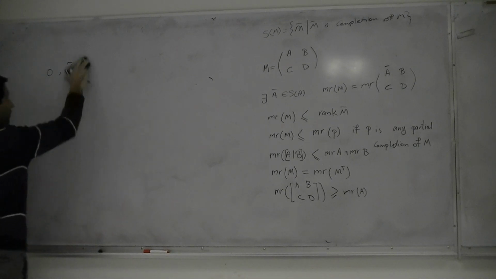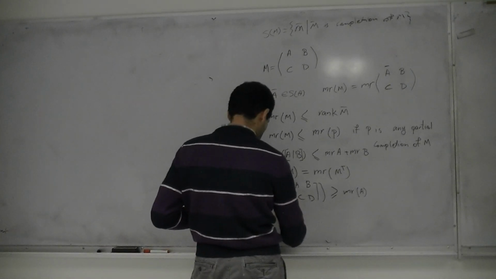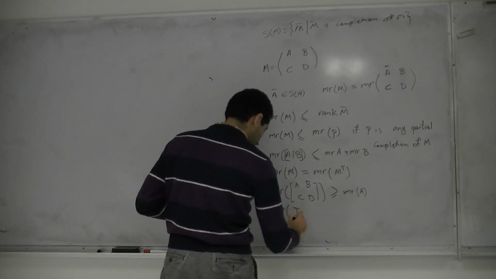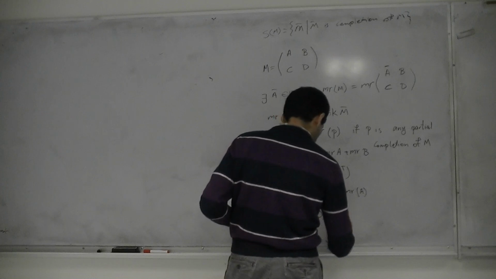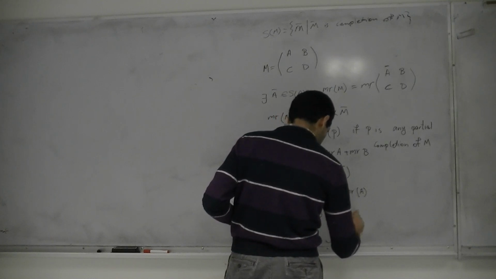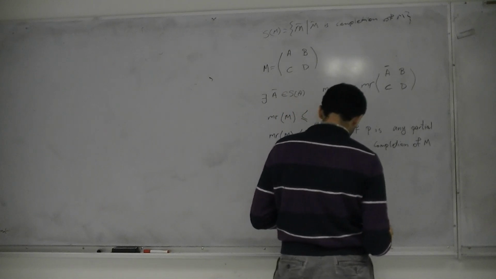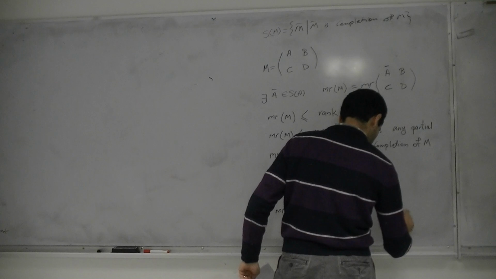And let's add here that the minimum rank of J is equal to 0 if J is a junk row.